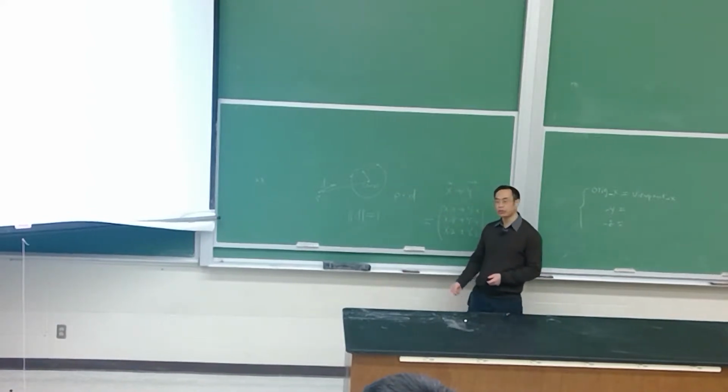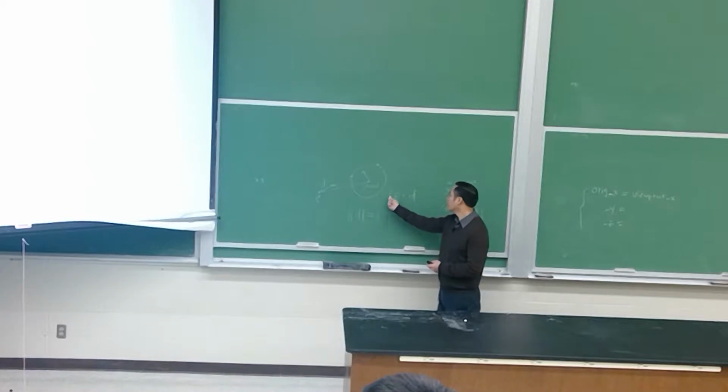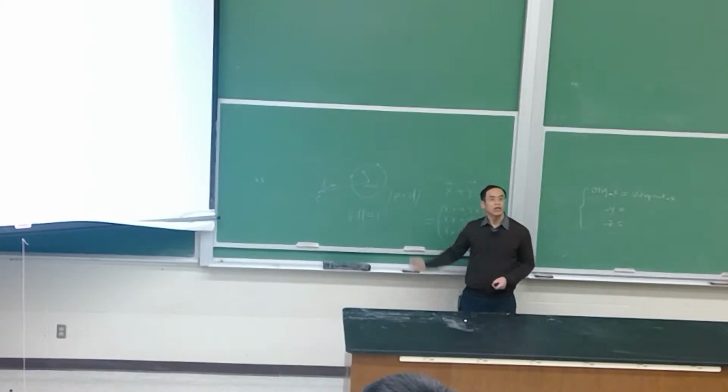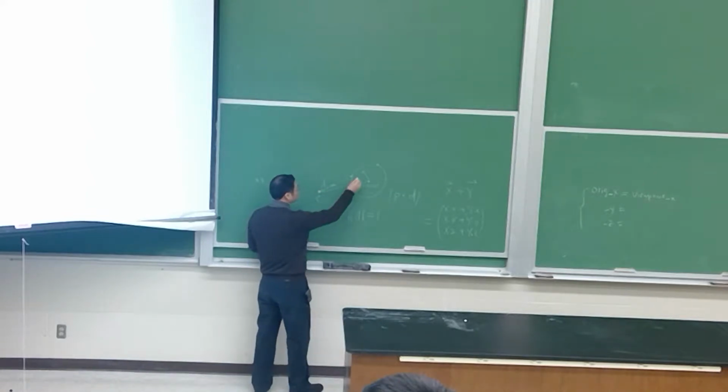You can take the absolute value of this one. Remember, this is a scalar. That's a dot product that gives you a scalar value. So take the absolute value of this one. This one will give you exactly the length from this point to this point. Okay. This gives you P dot product D. Remember, both are vectors.